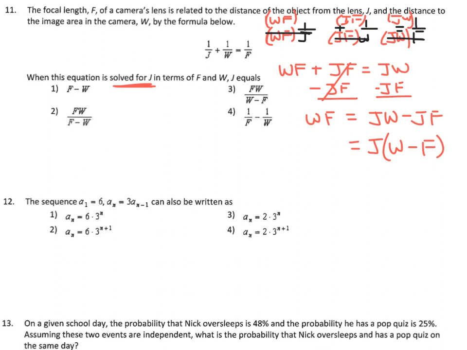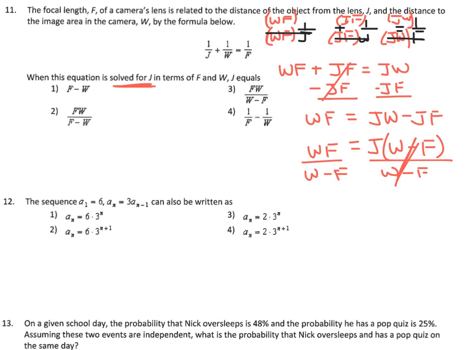Okay, and then I can bring down my wf on the left-hand side, and then to get j by itself, just divide both sides by w minus f. Okay, so that leaves me with j equals wf over w minus f.